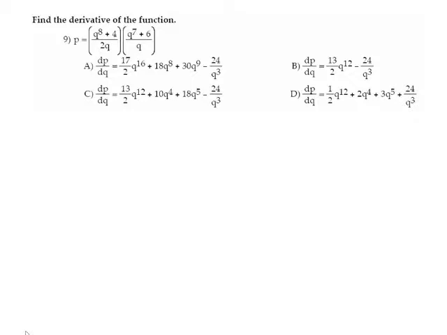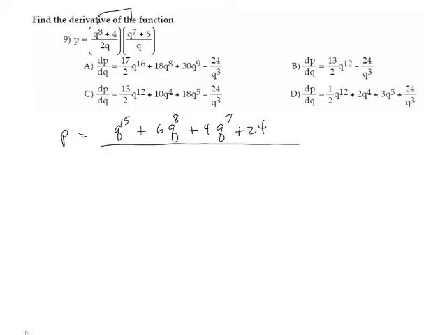Ninth problem. Seems to me that it would be first easier to multiply out everything rather than use the product rule. P would equal q to the 15th, which is first, plus 6 q to the 8th, plus 4 q to the 7th, plus 24, all divided by 2q squared.